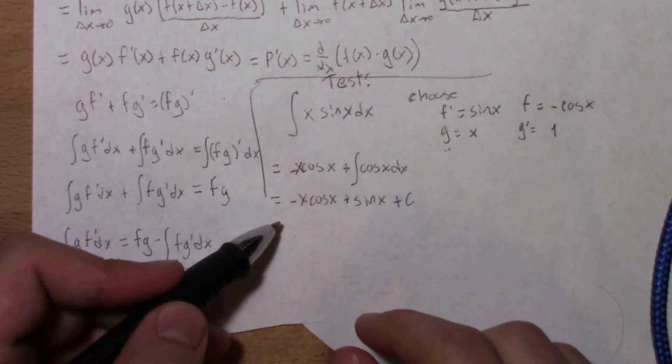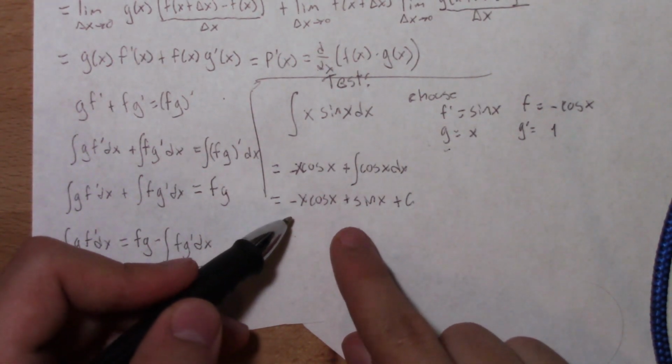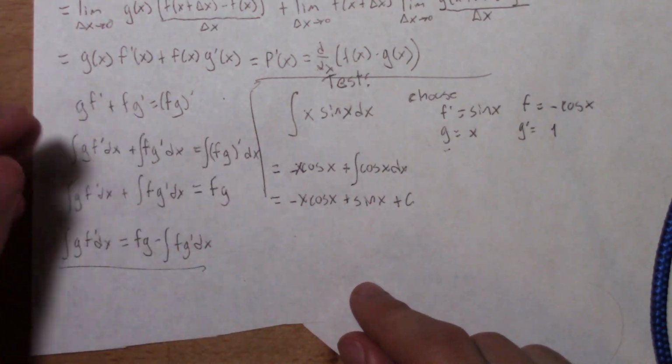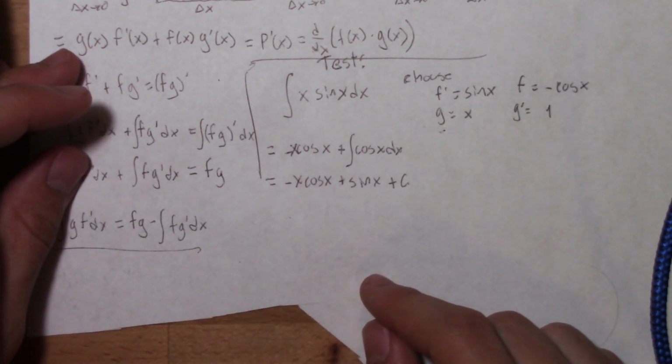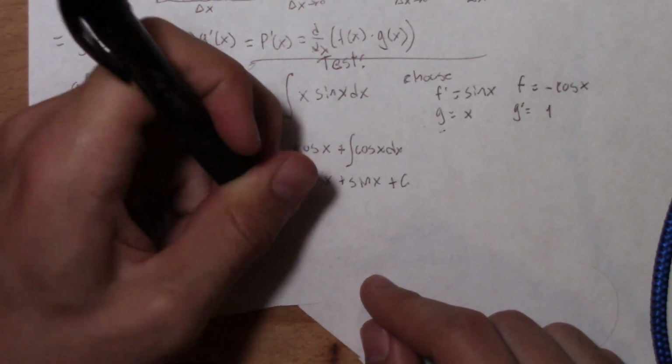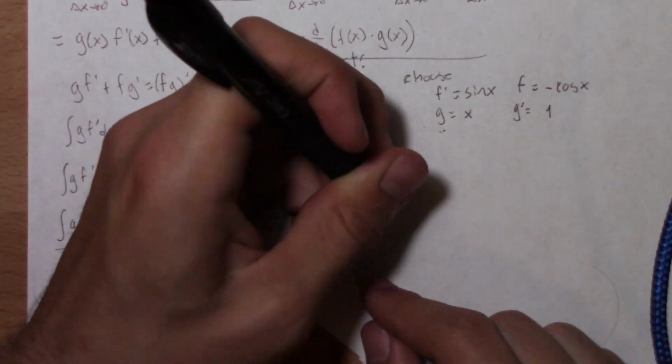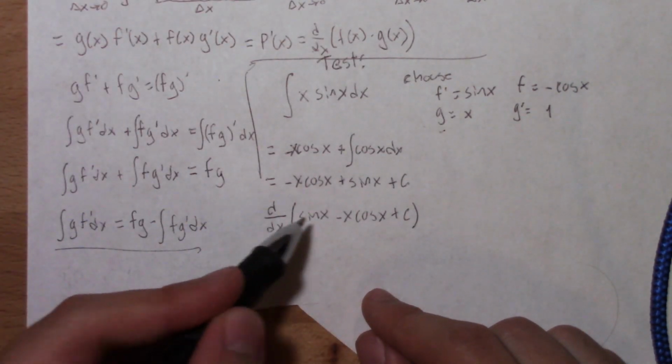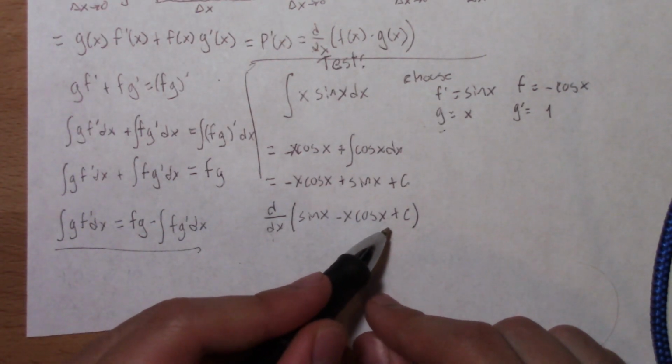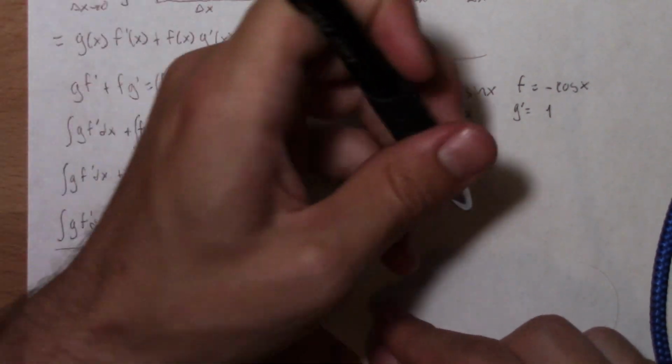Now let's test if this is correct by then taking the derivative of this with the product rule. Okay, so what is the derivative of sine x minus x cos x plus c?